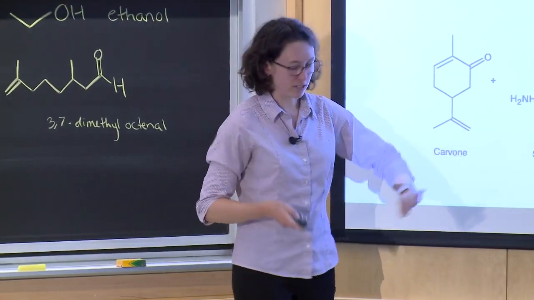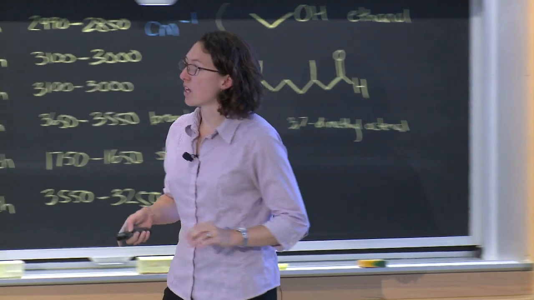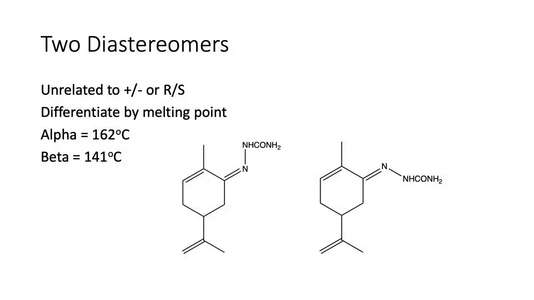But what we can do with these crystals is use them to do some polarimetry. So I said you're going to make some white crystals. One of the ways that we've been analyzing our solids is by melting point. And you can get two possible diastereomers out of the synthesis.